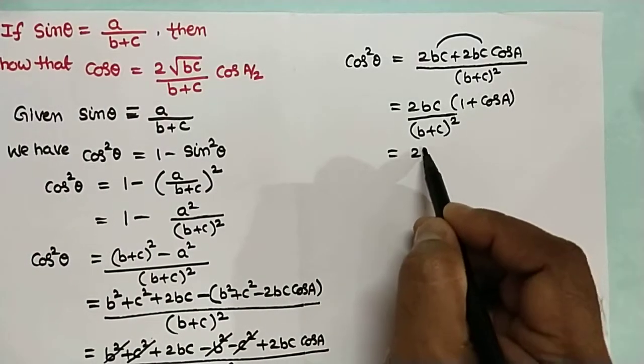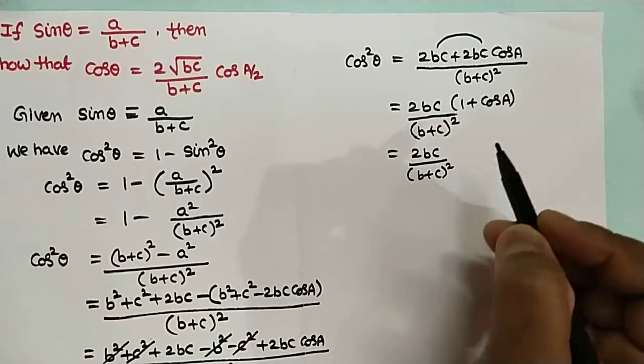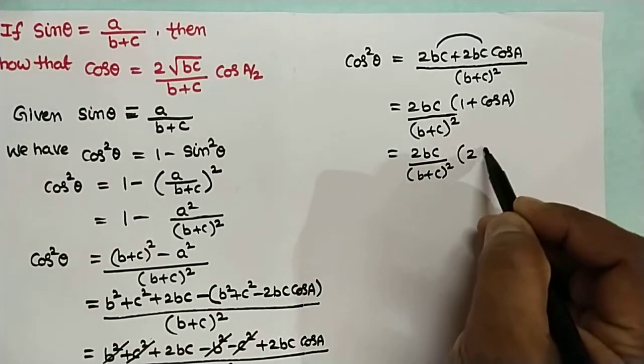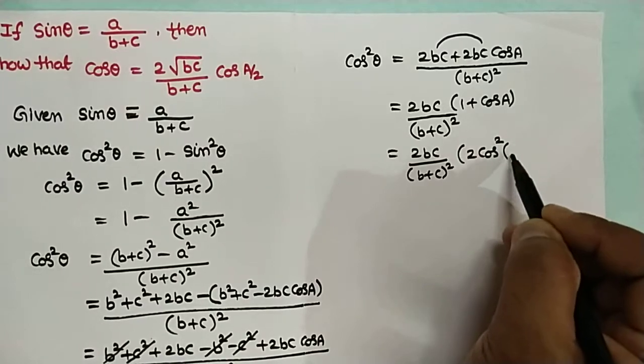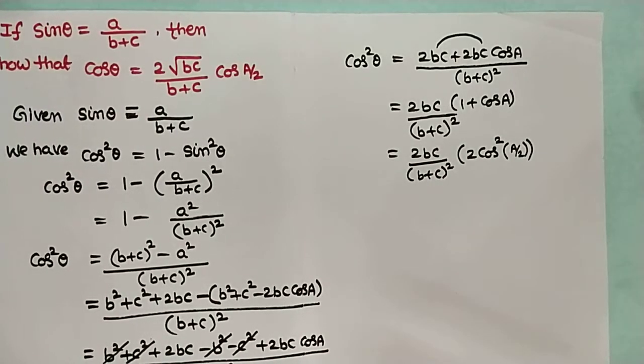We know that 1 plus cos a is 2 cos square a by 2. We know that formula: 1 plus cos a equal to 2 cos square a by 2.